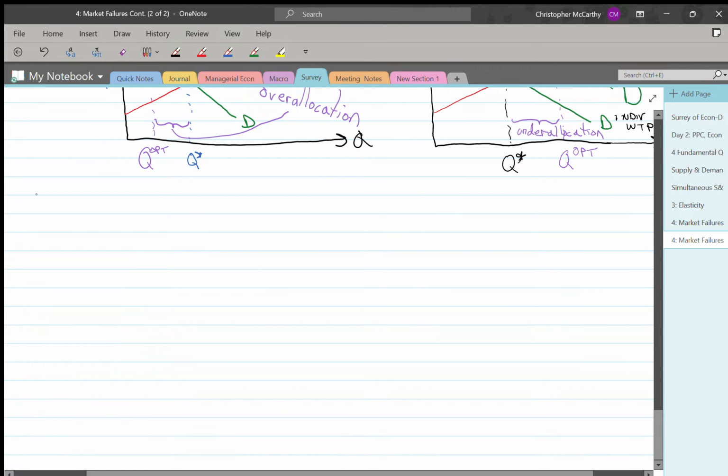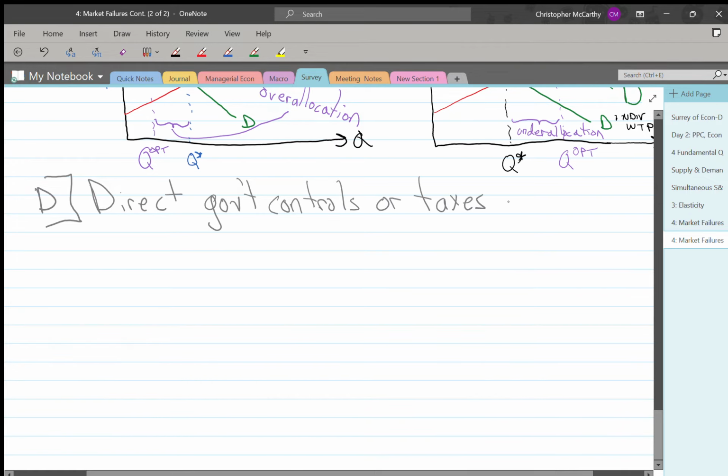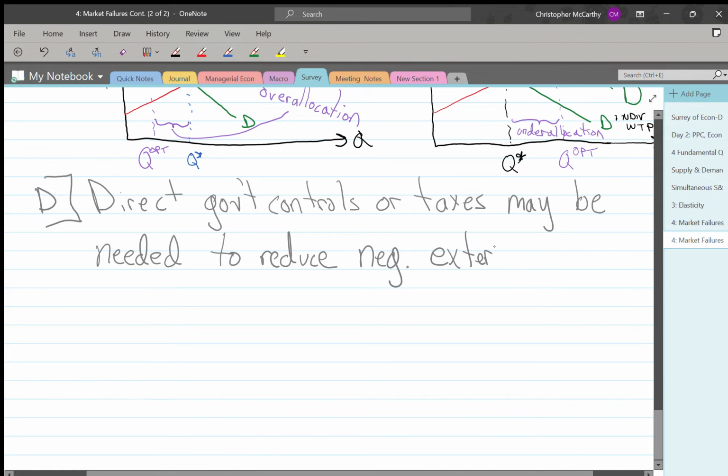So, D. So direct government controls or taxes may be needed, nobody wants them, but it may be needed to reduce negative externalities, or to provide subsidies, which are essentially the opposite of a tax.